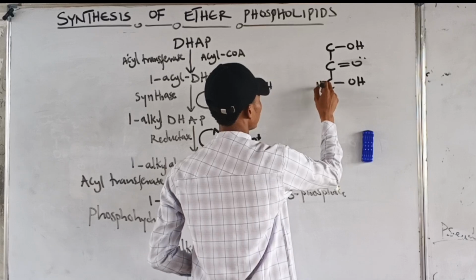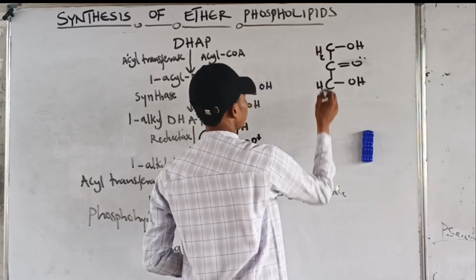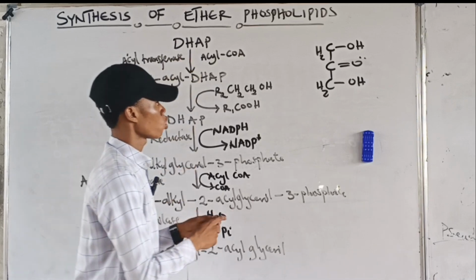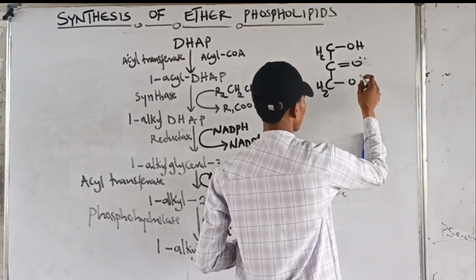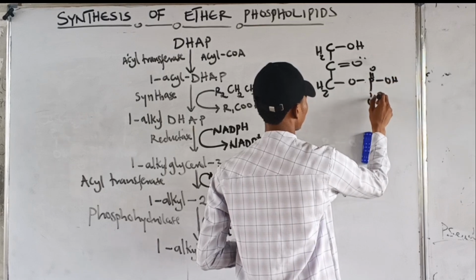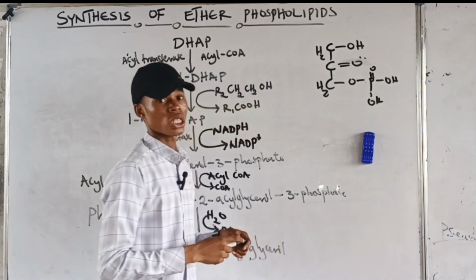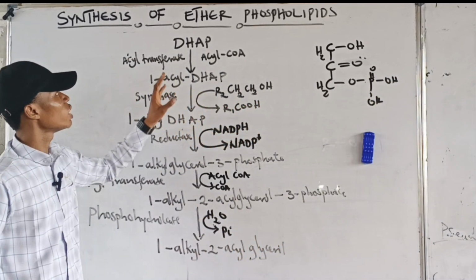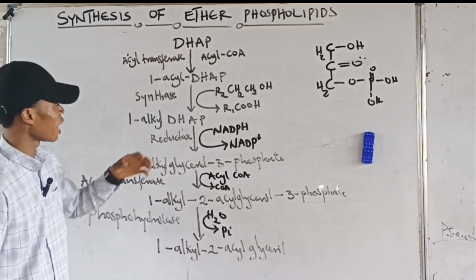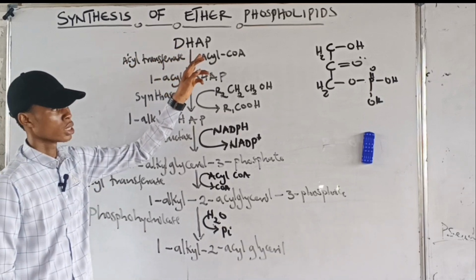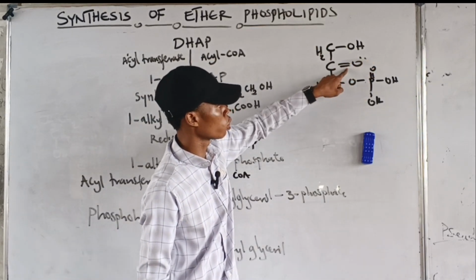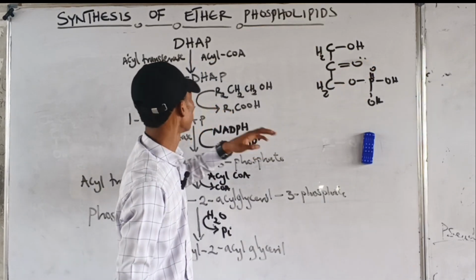If you have something like this, it is dihydroxyacetone. If they say dihydroxyacetone phosphate, it means you have to attach a phosphate group here. So this is dihydroxyacetone phosphate. Dihydroxy, 2-hydroxy group, attach phosphate, acetone, a ketone functional group.